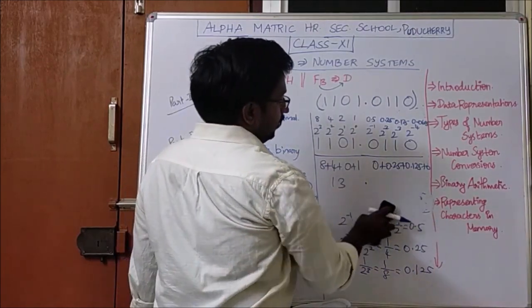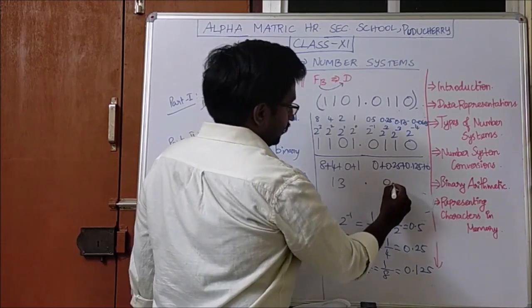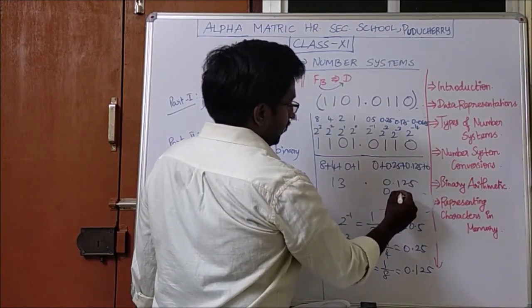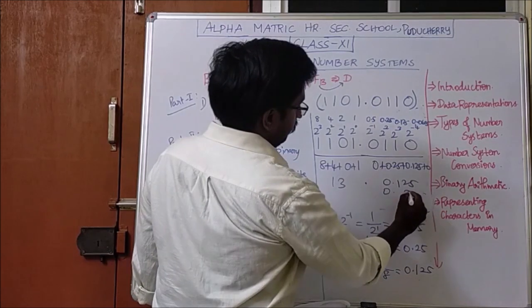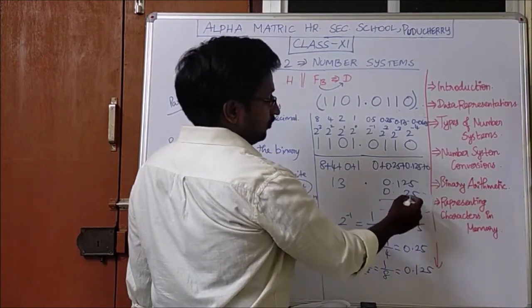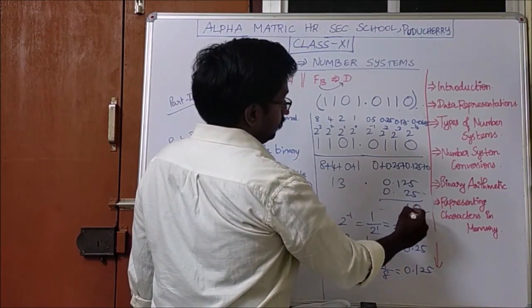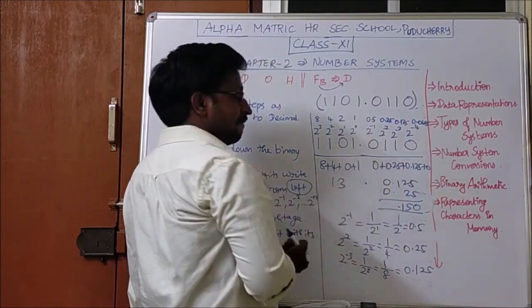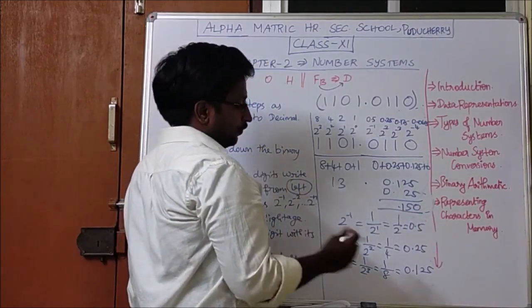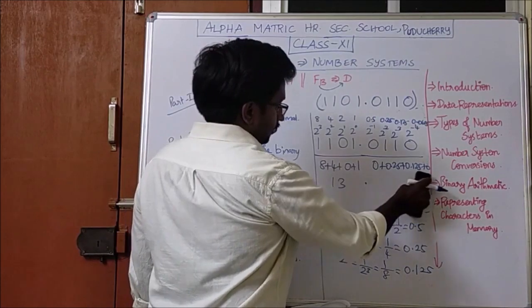Mostly the students will make the mistake like this, adding 0.125 and 0.25 like this. You should not add like this. Okay.